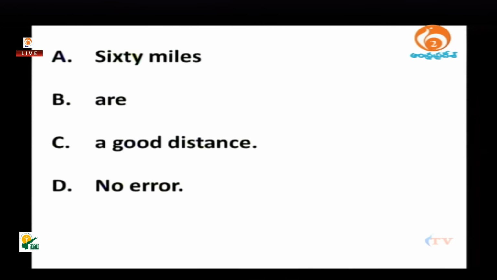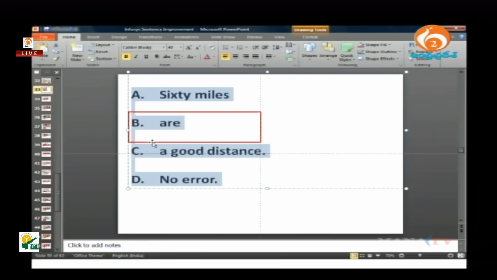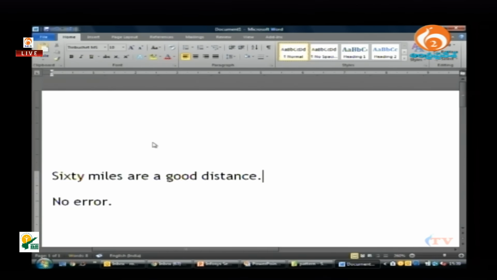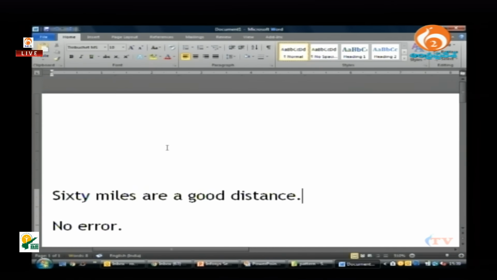So my question is 60 miles are a good distance. Now I need to figure out where is the error, right? Let me expand this a little more.